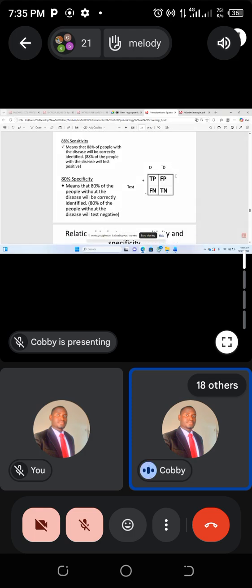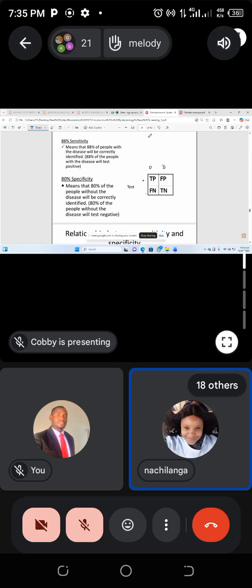According to what we were given, the true positive here was what? 14. Let me write it here on top so that we can follow it properly.